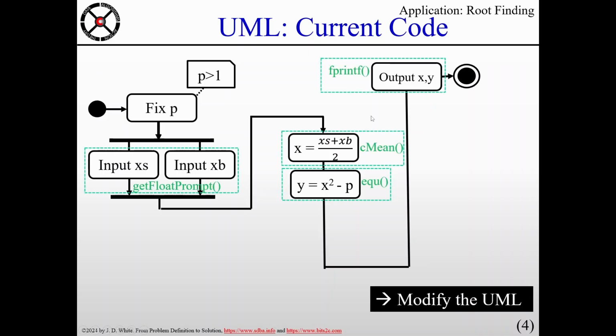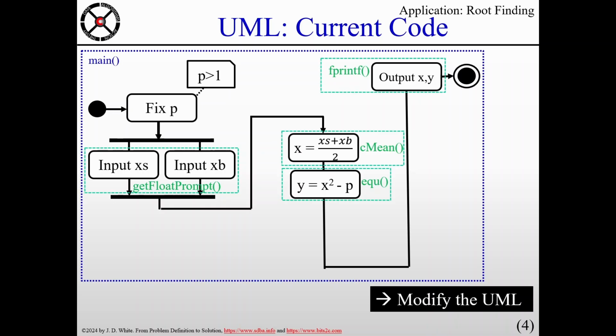We use the fprintf function to do the output. We created our own function cmean to do the calculation of the mean, our own function equation, and we use get float prompt to get the two inputs. And we put this all into one big function main. So this is our architecture of our code.